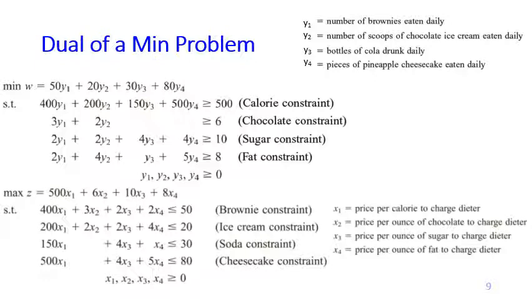And then because we have 4 decision variables in the primal, we have 4 constraints in the dual. The constraints related to brownie, ice cream, soda, and cheesecake. We have 4 constraints in the primal, so we have 4 variables in the dual related to calorie, chocolate, sugar, and fat.